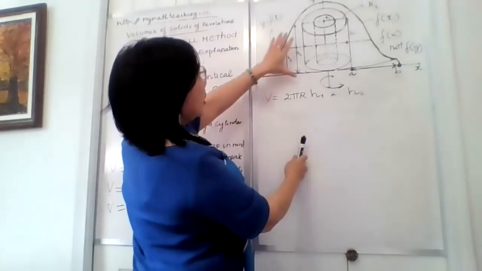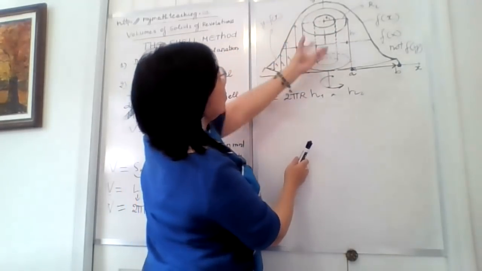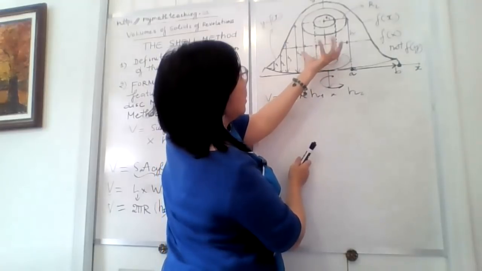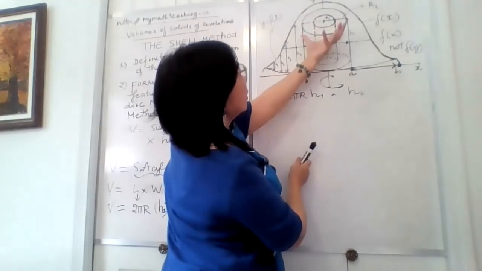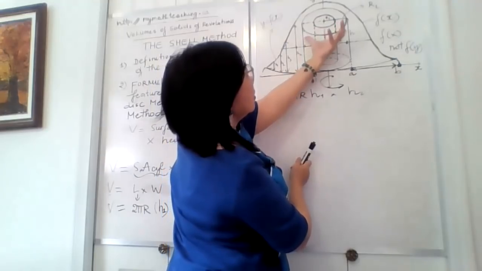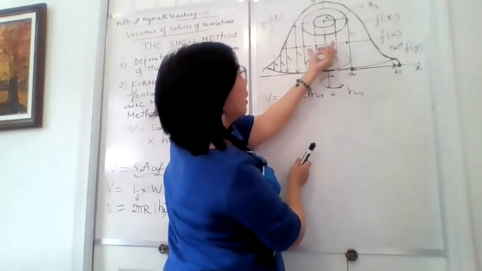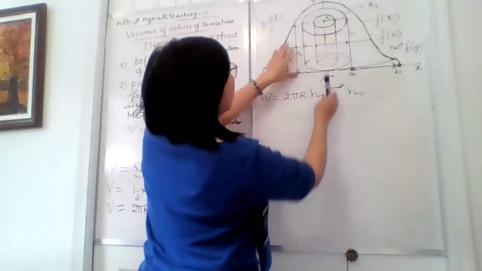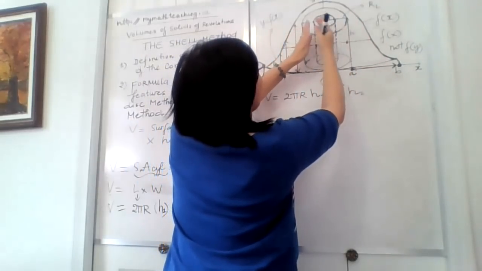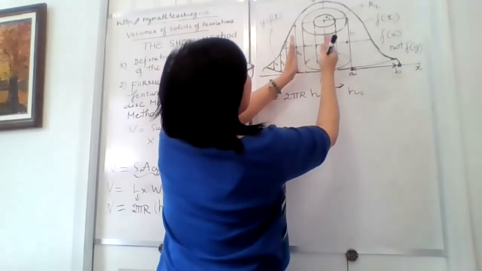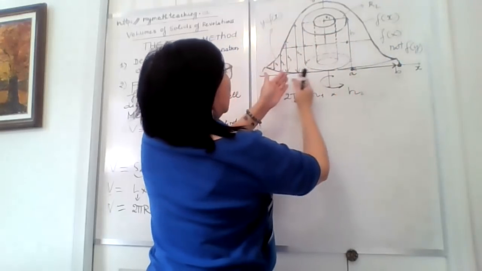So if you make an observation of my diagram here, right? If we build the shell of the cylinder, obviously you can see that the first cylinder, the outer one here, is bigger than the inner one here. And as long as we build the cylinders along the shape, we're going to have a big one and then get smaller and smaller according to the shape of the function, right?